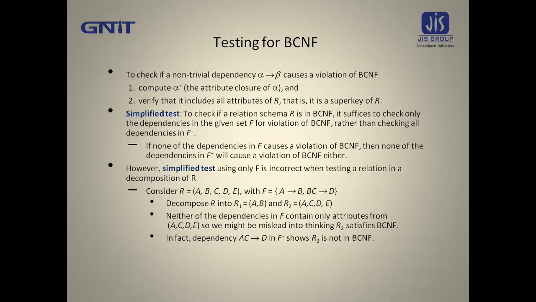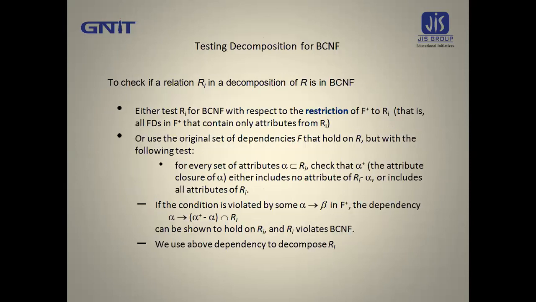Okay, moving forward. Now let's check a testing algorithm for BCNF decomposition. Either test Ri for BCNF with respect to the restriction of F plus to Ri, that is, all FDs in F plus that contain only attributes from Ri.